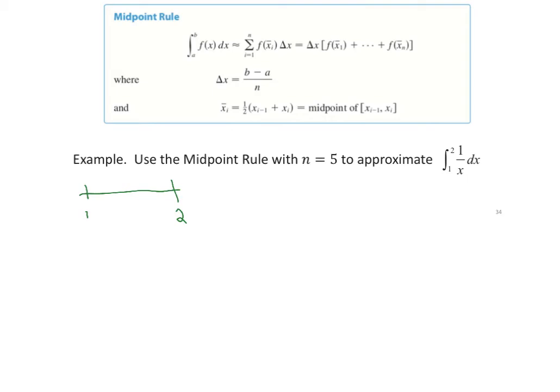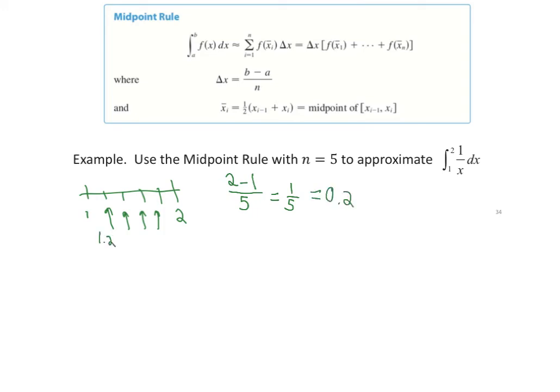What does it look like if we break this up into 5 equal pieces? Well, what is each of these going to be? The length of our interval is 2 minus 1, and then we're cutting it into 5 equal pieces. So each piece is going to be 1/5 or 0.2.